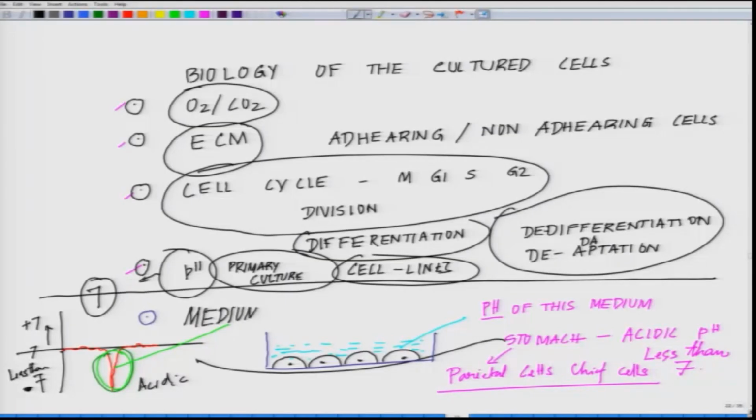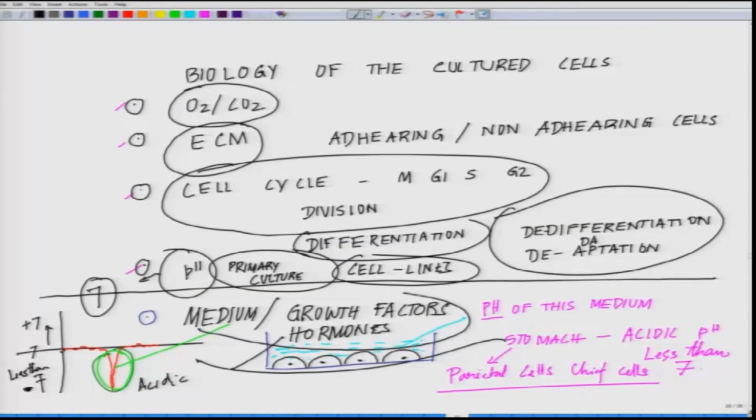And then we talked about medium, growth factor, hormones, and the need for energy molecules or source of carbon.